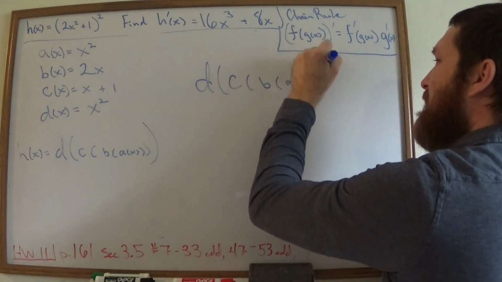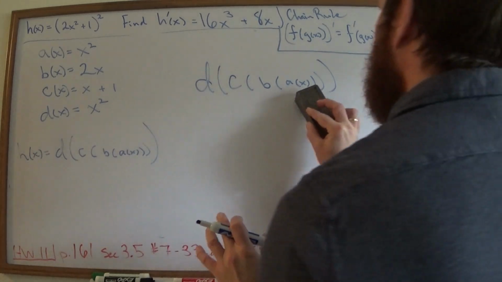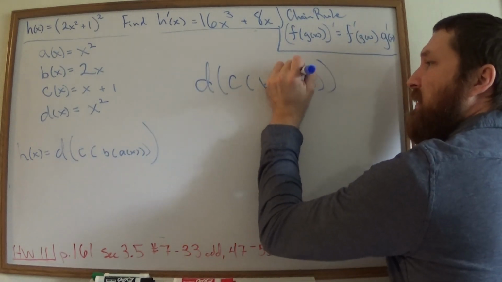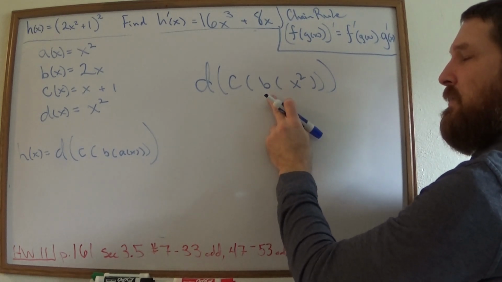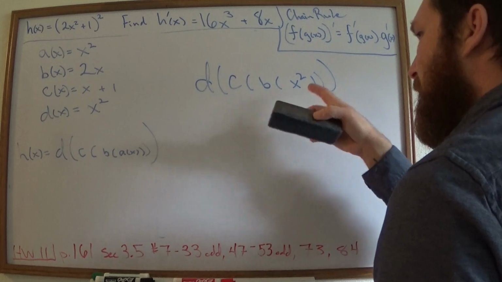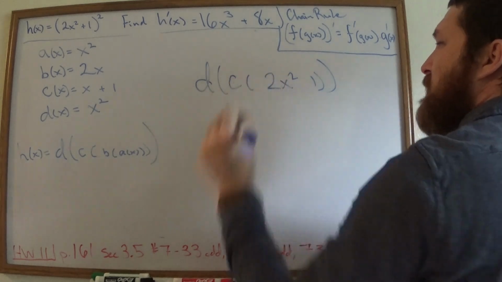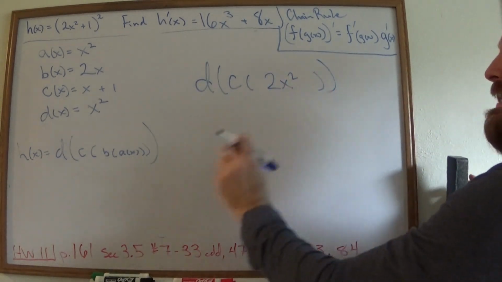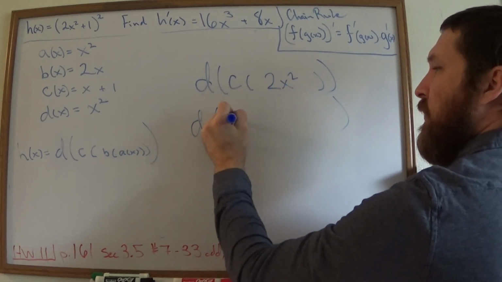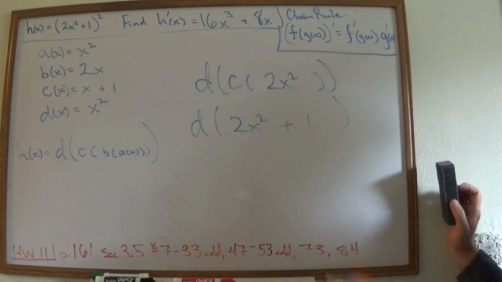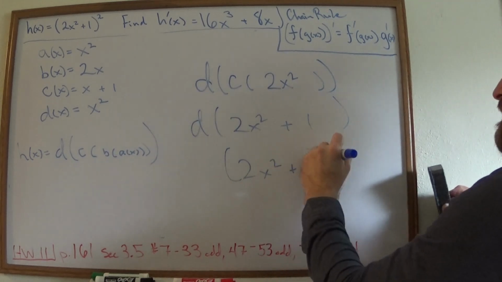That closes b, close c, close d. a of x was x squared, so I could replace a of x with x squared. b of x says take whatever x squared is and multiply it by 2, so that would be x squared times 2. c says take whatever that thing is and add 1 to it. d says take this, whatever it is, and square it.